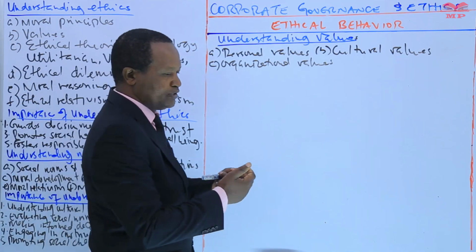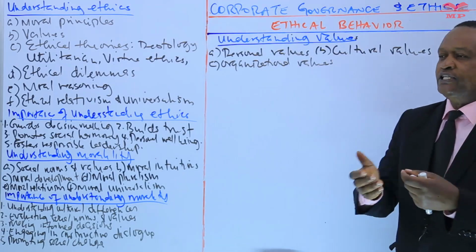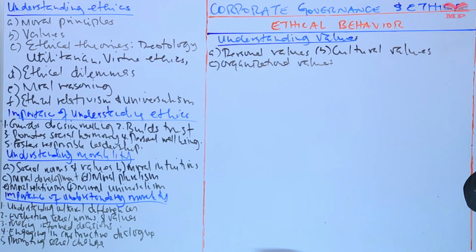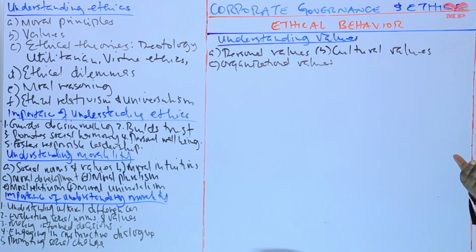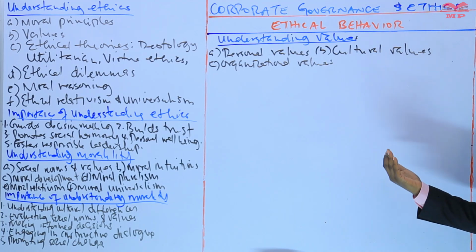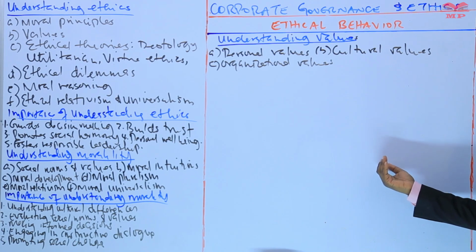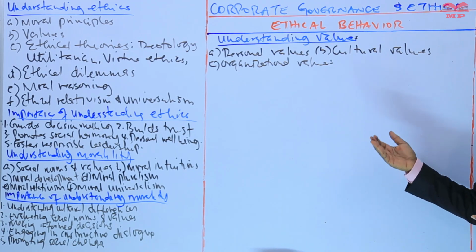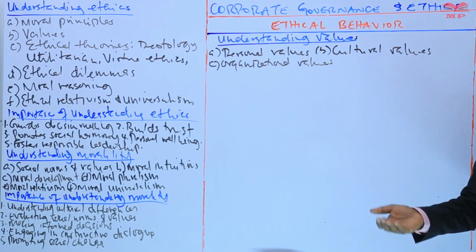These values may be stated explicitly in the company's mission statement or code of conduct, or they may be implicit in the organization's culture and practices. If you've read vision and mission statements of organizations, you find that some have values which we are referring to as organizational values.